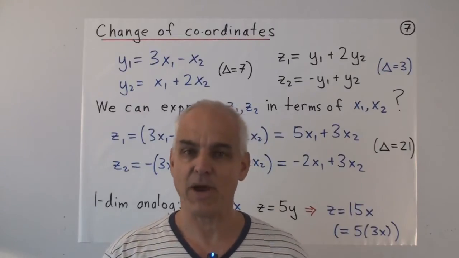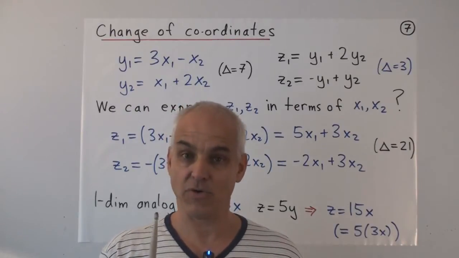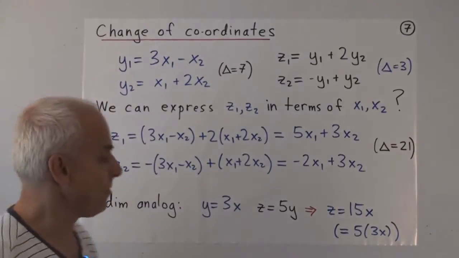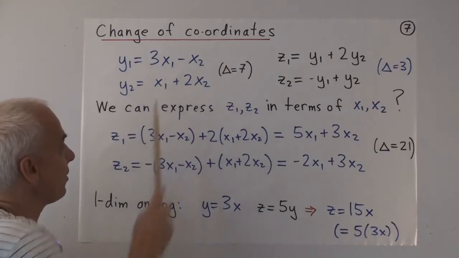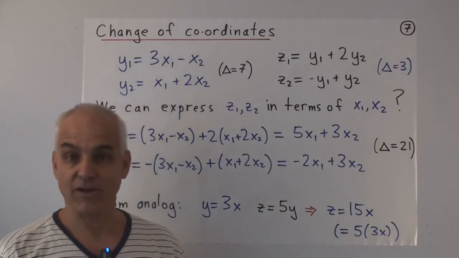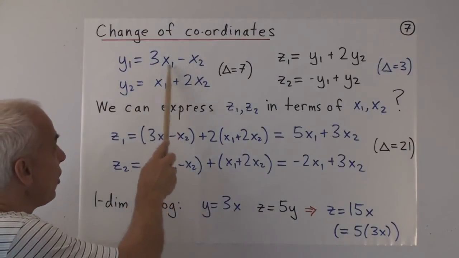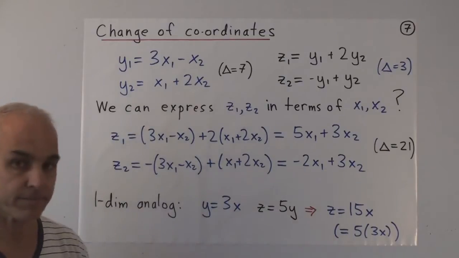And the system of linear equations is just an important special case of that more general idea. So let's return to this change of coordinates business where we have y1 and y2 expressed as a linear relation involving variables x1 and x2. This particular choice has a delta of 3 times 2 minus 1 times minus 1, the delta of 7.